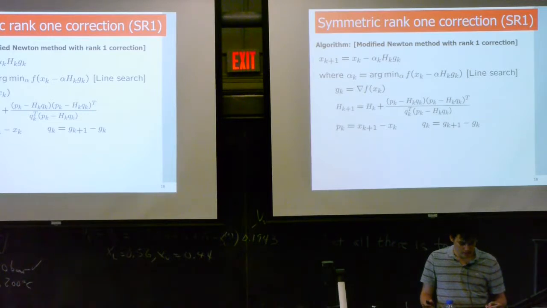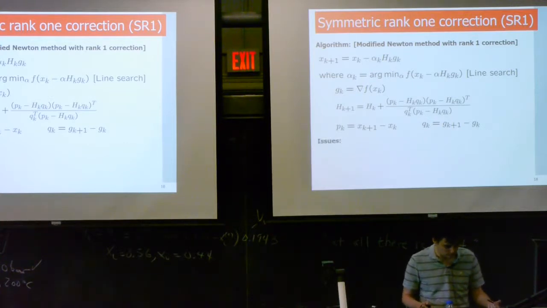So again, gk is the gradient. For H, we use that update that we discussed. p and q were defined earlier. pk is just xk+1 minus xk, and qk is the difference between the gradients. And that's the algorithm, and you do this iteration. So that's the quasi-Newton method with rank 1 correction.